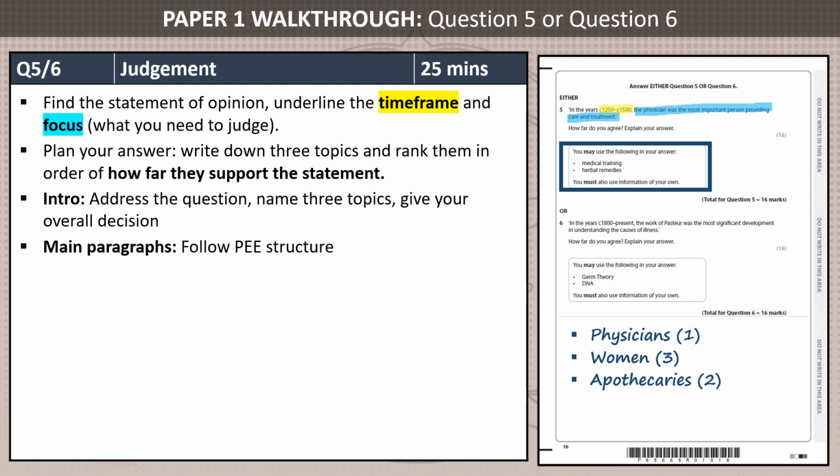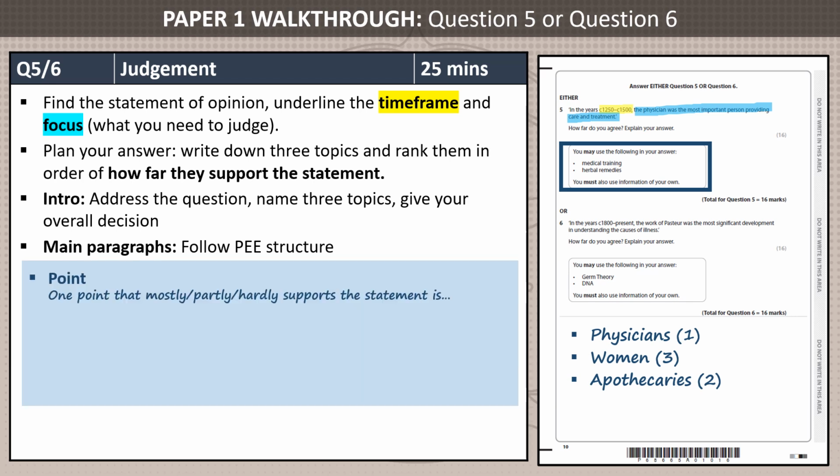You should follow PEE structure here. Start with the big point that addresses the question. You could use my suggested phrase here.